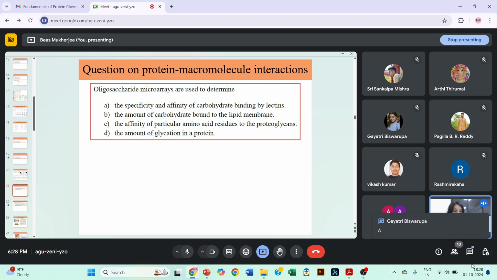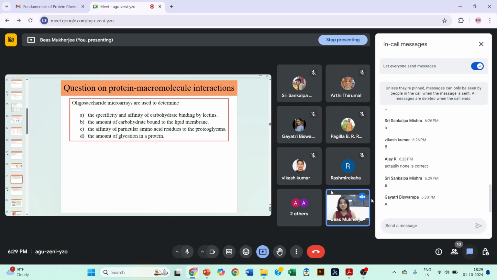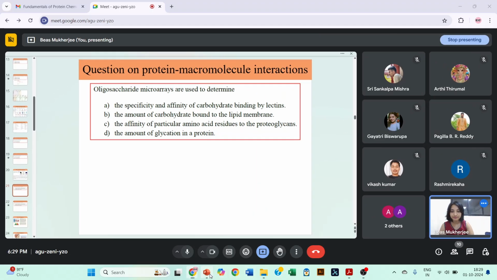Okay, the right option would be A, because the rest of it, actually the amount of carbohydrate bound and all of this, it is not possible to detect directly from oligosaccharide microarray. Okay, so from this oligosaccharide microarray you can know about the specificity and affinity of the different carbohydrate binding proteins. Okay, so yes, A is the right option.